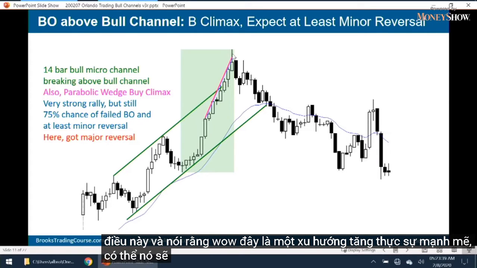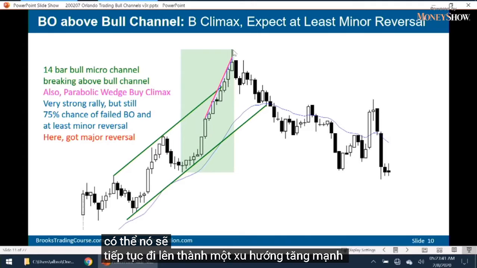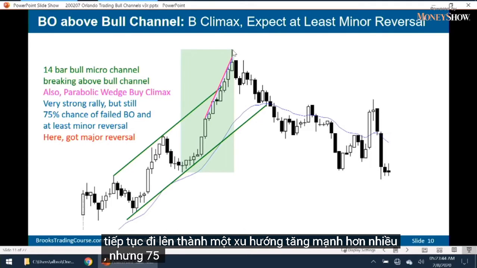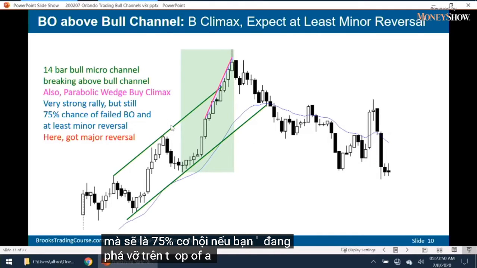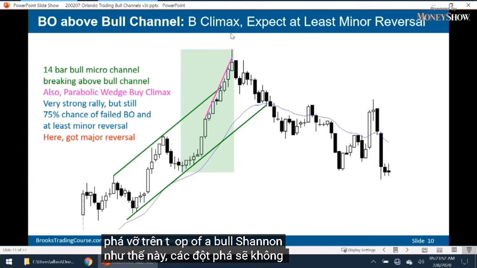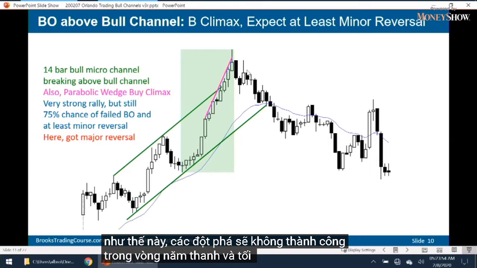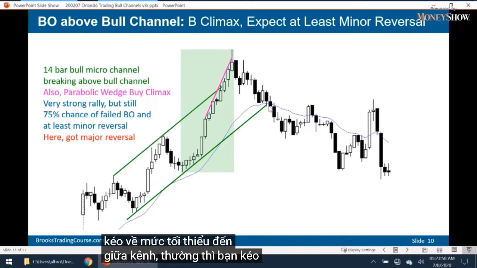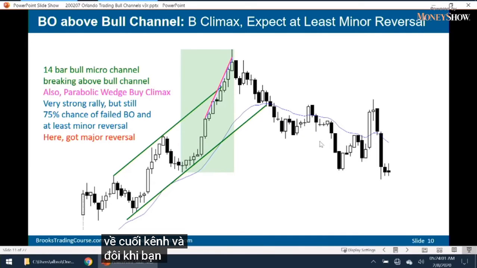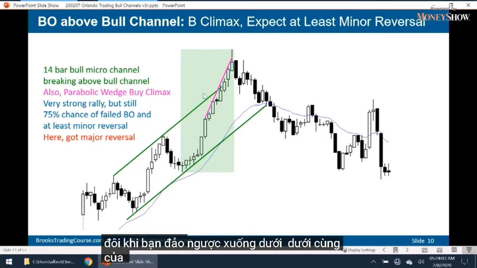Maybe it's going to continue up into a much stronger bull trend. It might, but only 25% chance it will. 75% chance if you're breaking above the top of a bull channel like this, the breakout's going to fail within 5 bars, and at a minimum, you'll pull back to the middle of the channel. Usually you pull back to the bottom of the channel, and sometimes you reverse below the bottom of the channel.